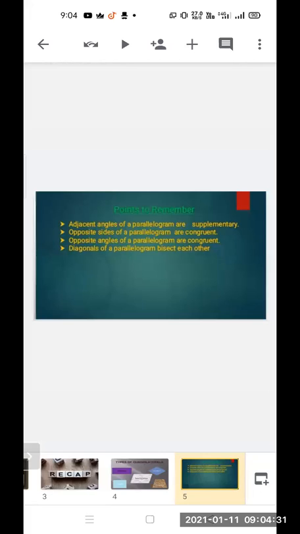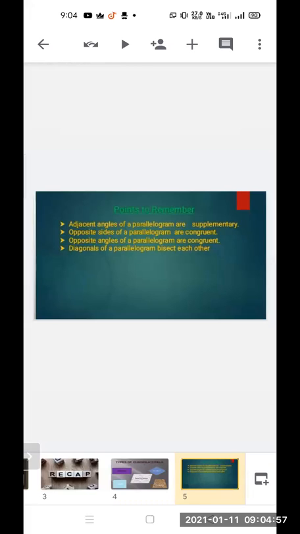For example, suppose ABCD is a quadrilateral. If we join the opposite vertices A and C, and B and D, we get the diagonals. And if these diagonals bisect each other, then we can say that the given quadrilateral is a parallelogram.